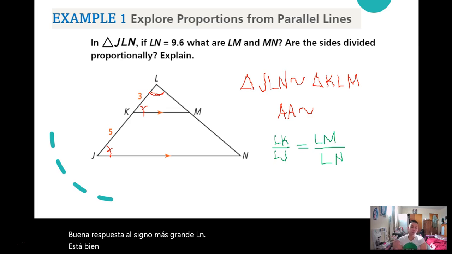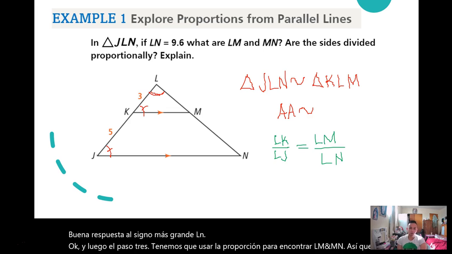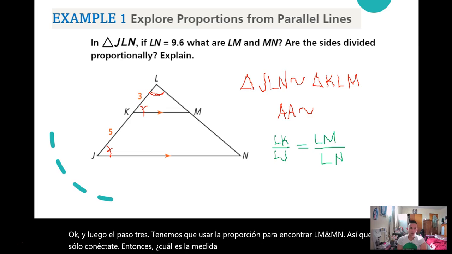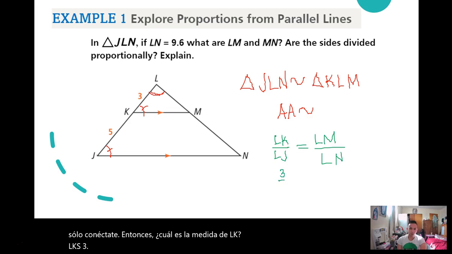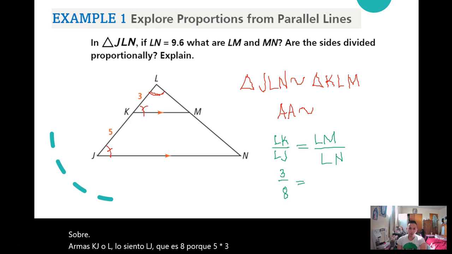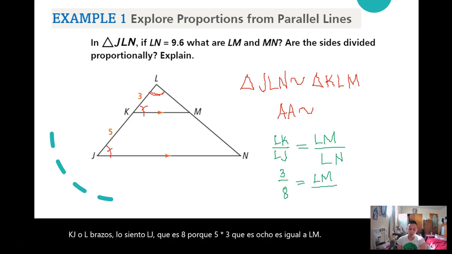Step 3, we have to use the proportion to find LM and MN. So you just plug in. What's the measurement of LK? LK is 3 over LJ, which is 8, because 5 plus 3 is 8, is equal to LM over the measurement of LN. The measurement of LN is given, it's 9.6.